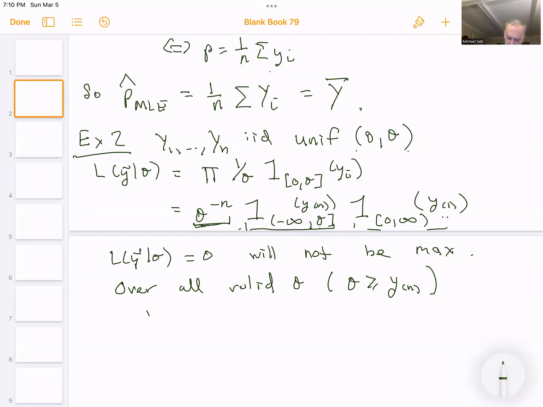We want the theta that maximizes theta to the minus n, or 1 over theta to the n.